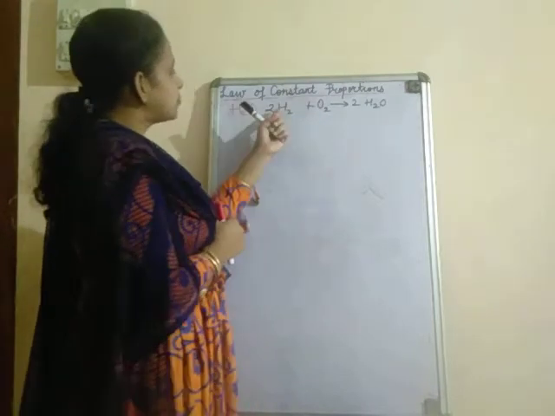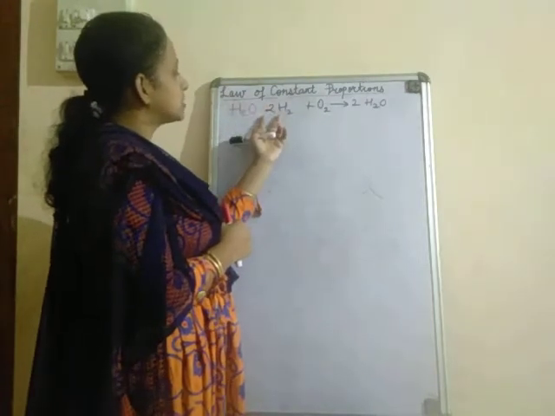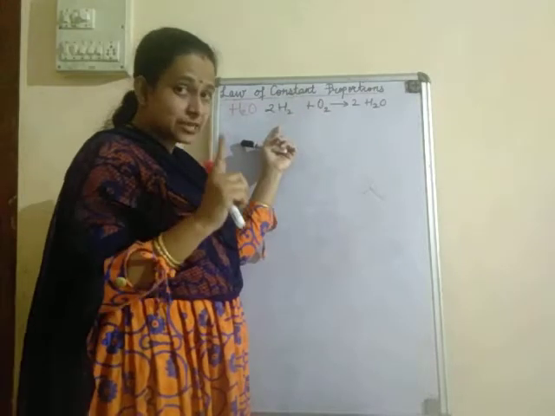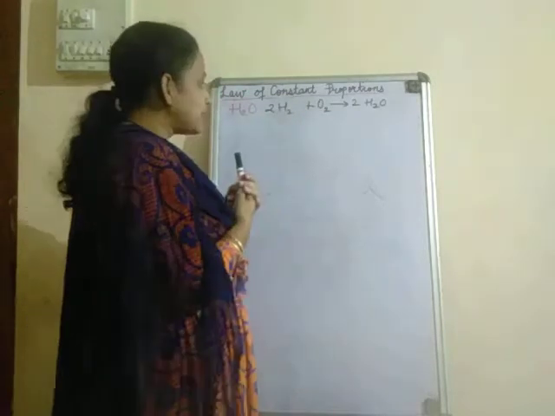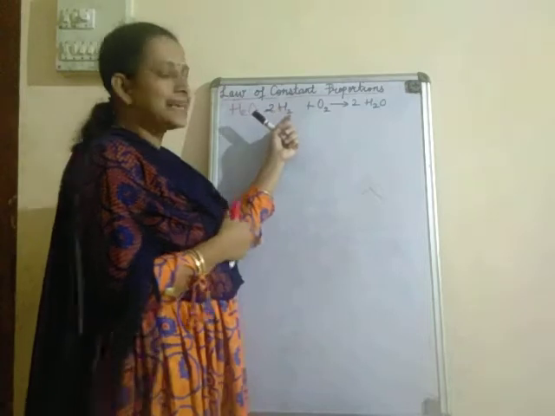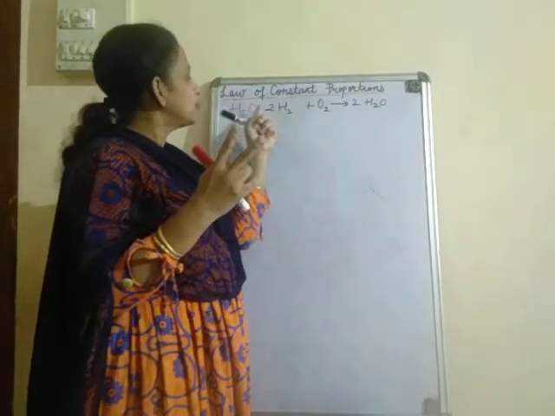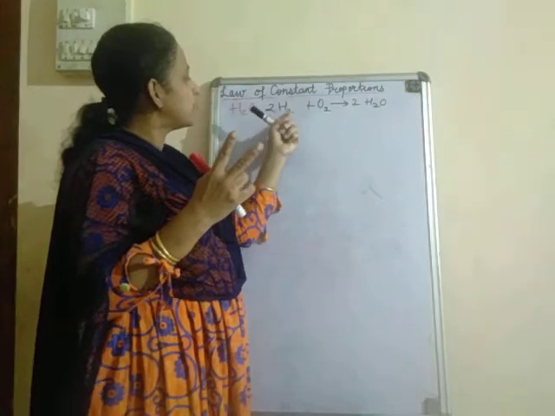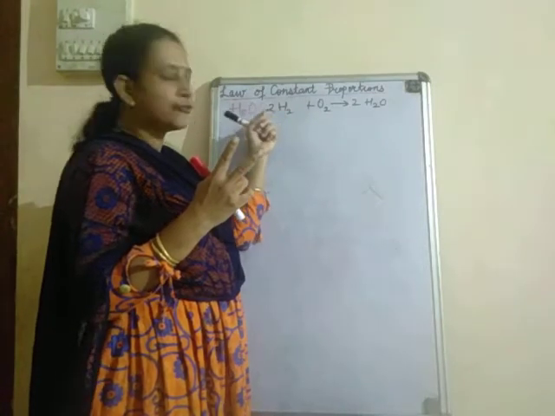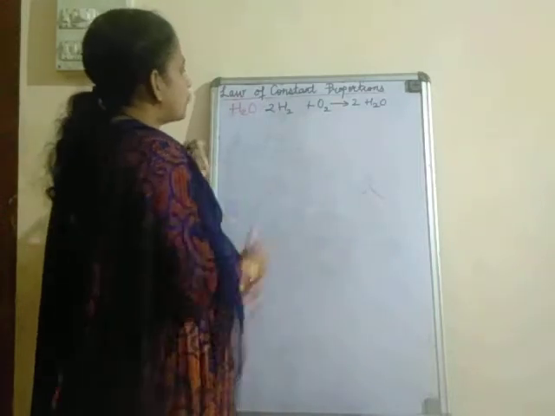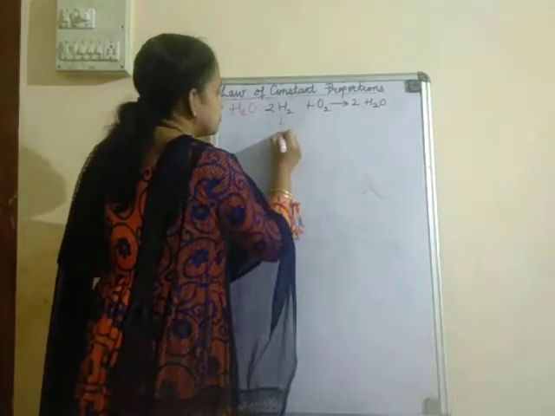For 1 hydrogen atom the mass is 1 unit, therefore 2 hydrogen atoms will be 2 units. And 2 hydrogen molecules means 2 into 2 units, so in total it becomes 4 units of hydrogen.